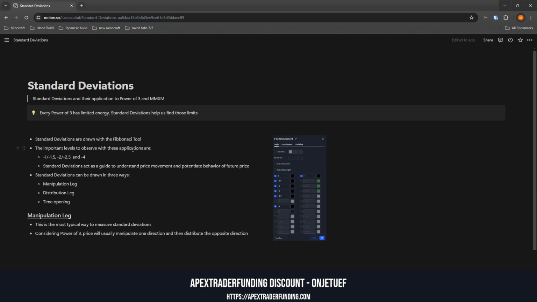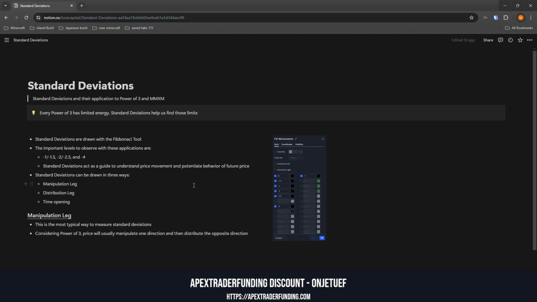So yeah, the important levels are here. Standard deviations only act as a guide to understand price movement and potential behavior of future price. Price doesn't really care about the standard deviation levels themselves necessarily.